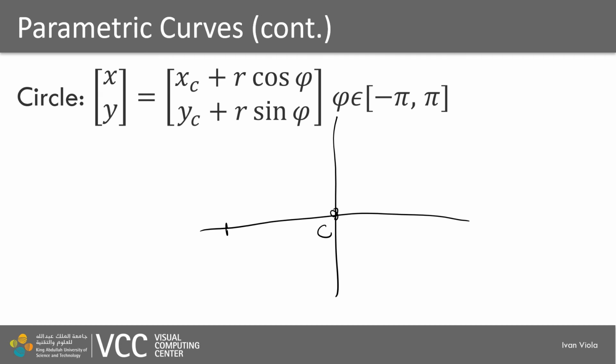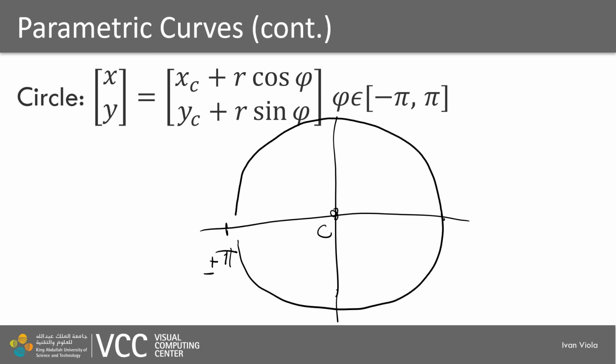So if we draw it, plus minus pi is here. We are going with this phi value from minus pi to pi, and with this we are parametrizing the circle. Let's imagine that phi is equal to 0, for example.